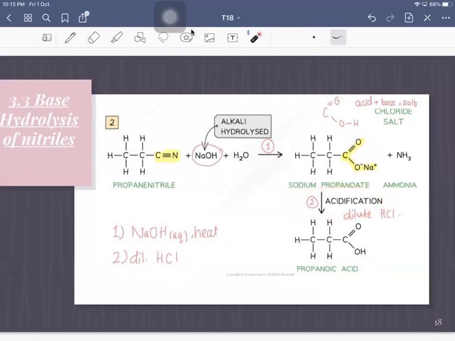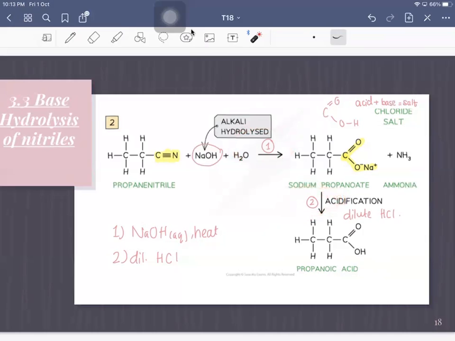Now, if I were given a choice to do the hydrolysis of nitriles, to choose between acid and base hydrolysis, I would definitely choose acid because acid only involves one step, whereas base hydrolysis, you have 2 steps. First is the hydrolysis, and then it's the acidification.